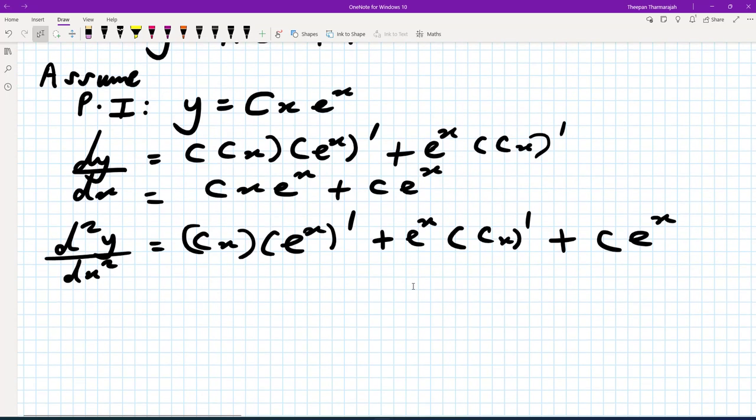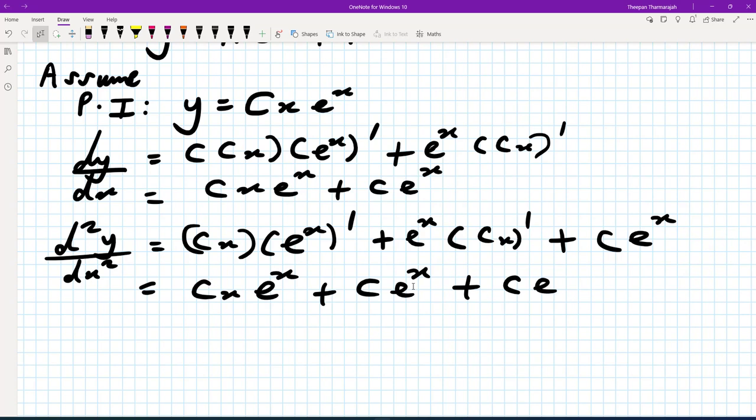So I just get c x e to the x plus c e to the x plus another c e to the x, and that just gives me c x e to the x plus 2c e to the x.